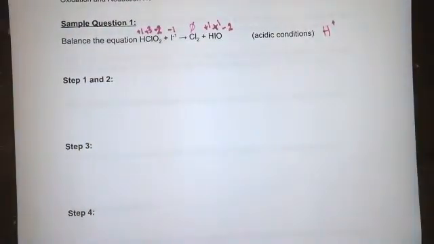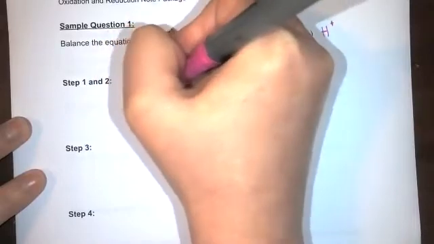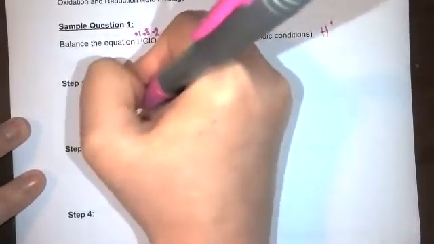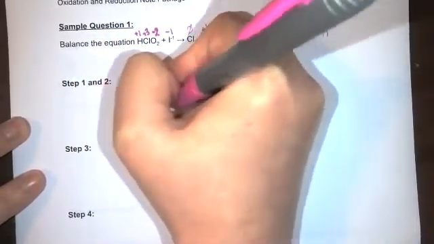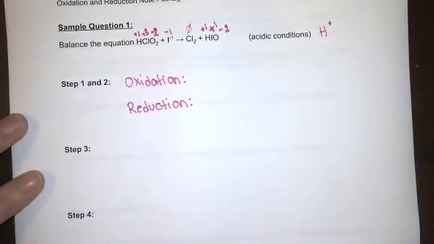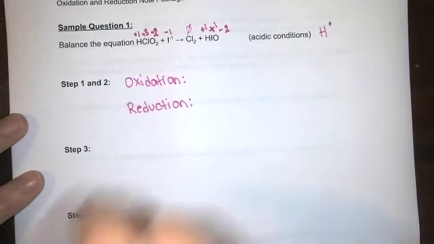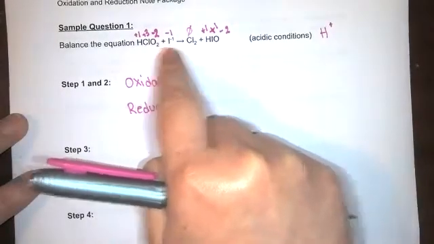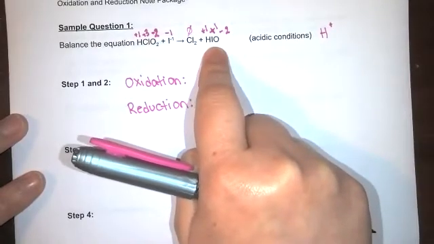So which one here is my oxidation, and which one here is my reduction? Well, my oxidation would have increased in oxidation number. So if I'm looking here, I go from -1 to +1.